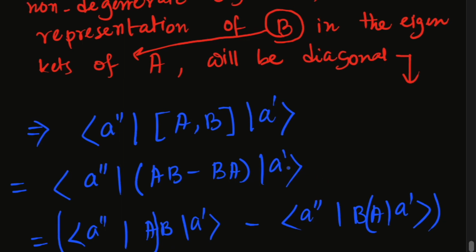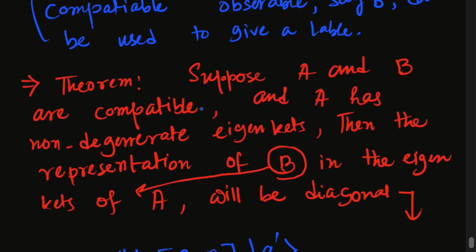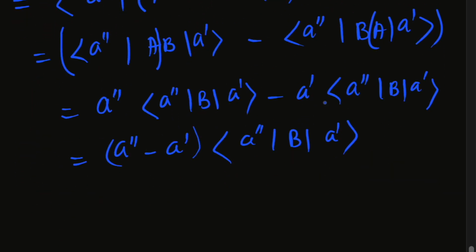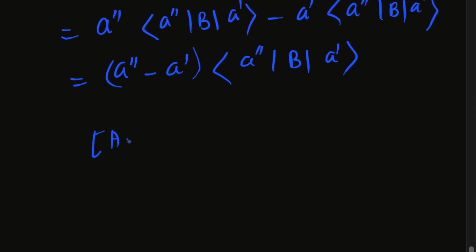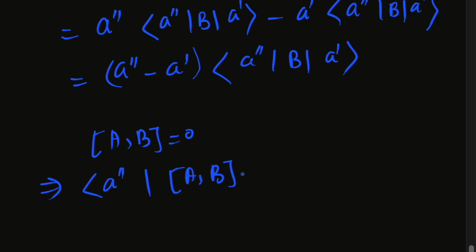Now from this, since the operators A and B are compatible, that means [A,B] equal to 0. That means <A double prime|[A,B]|A prime> will give us 0.